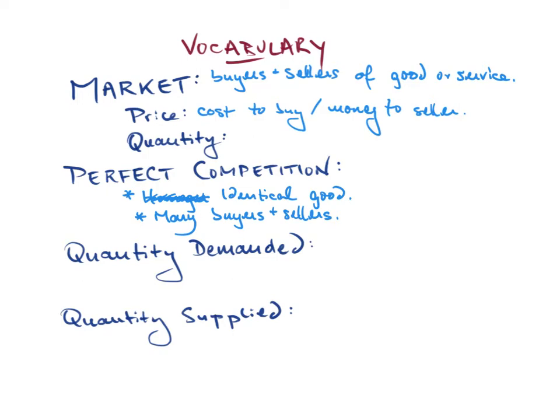And so one thing this means is that everyone will be a price taker. That means that everyone pays the price that is being charged in the market or receives the price in the market. No one can specify their own price.